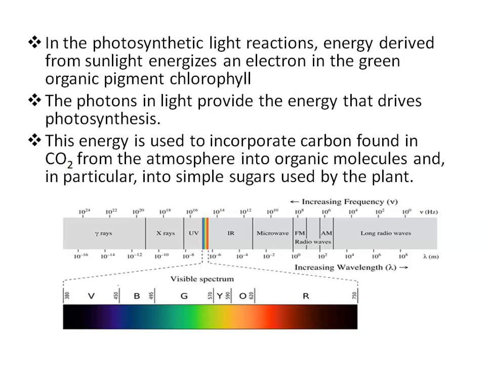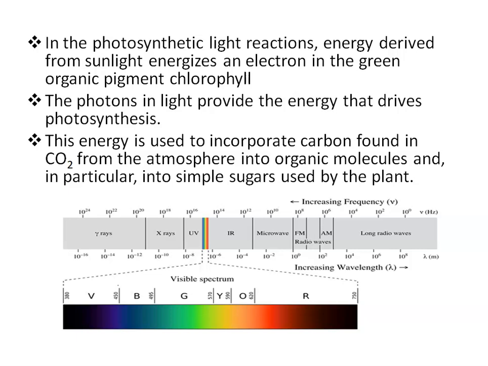So light has a dual nature, wave and particle. Particles are called photons. So photosynthetic light reactions derive energy from sunlight, and this energy energizes an electron in the green organic pigment chlorophyll, right?